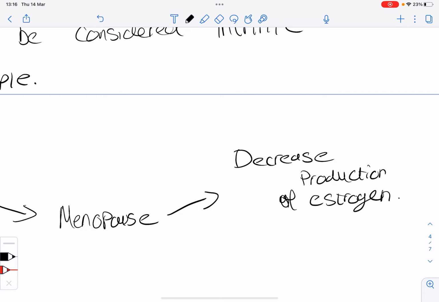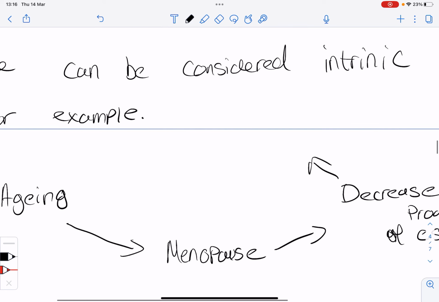And as a result, that has a direct effect on osteoporosis.